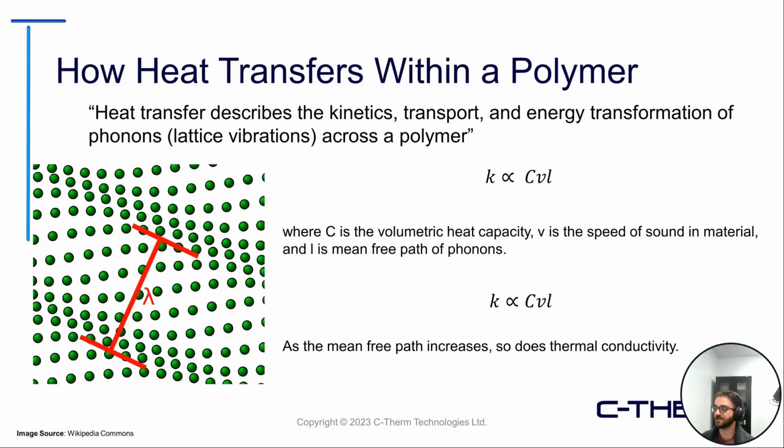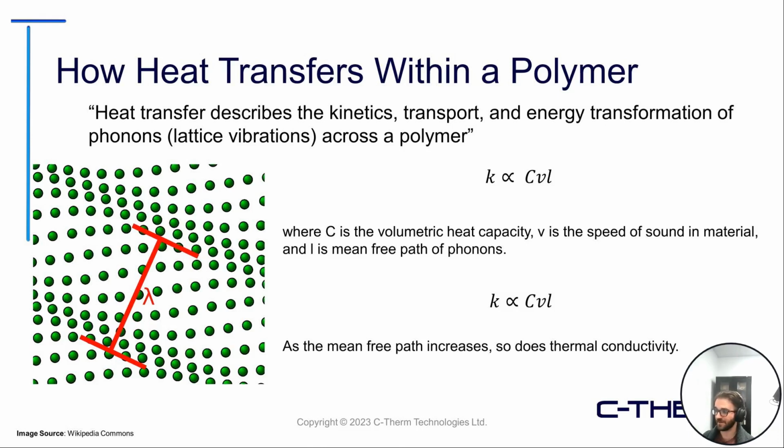Now, in all cases, typically the base material of these samples is polymeric in nature. So, before we get too deep into it, just going over some background on how heat transfers within a polymer. This can generally be described through energy transfer by phonons, these lattice vibrations across the polymer matrix.